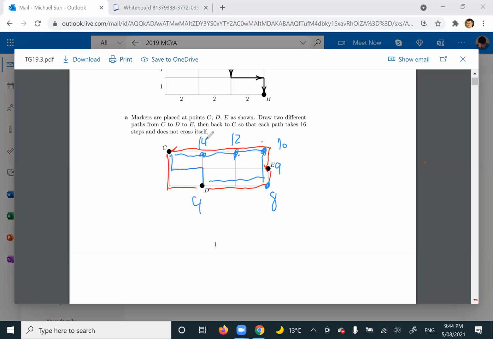Because it has 16 steps and it's C to D to E all the way back to C, and it didn't cross itself. Okay, all the things you said were irrelevant to what I asked you, but it's not irrelevant to the question. So if this is right, then this is finished with this question, right? Yeah.